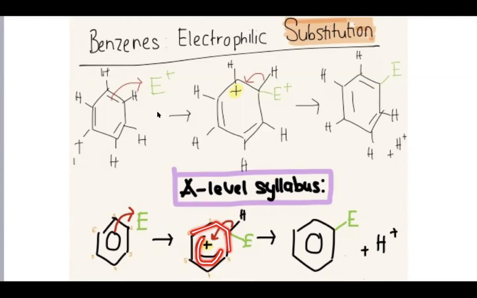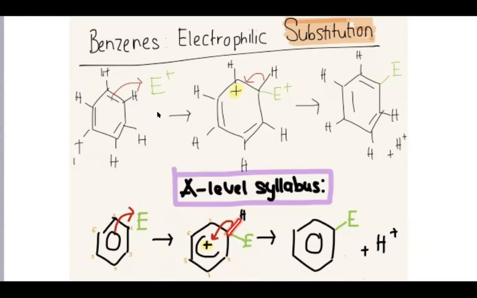Right. So in order to restore, do not forget on carbon number 2, I have a hydrogen. Actually, on each carbon, I have hydrogen also. So now I want to restore that delocalization because delocalization is stable. The only way to restore it is to break the carbon-hydrogen bond.